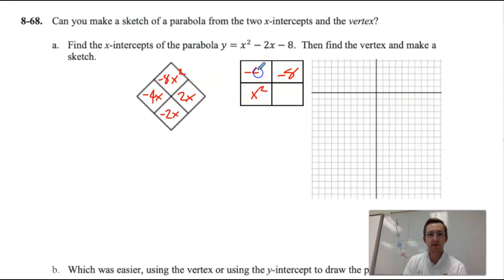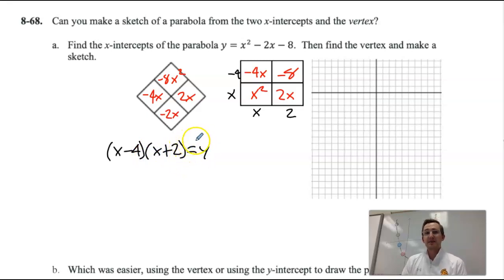Then when we factor this, we get x plus 2 and x minus 4. So our factored form is going to be x minus 4 times x plus 2 is equal to y.